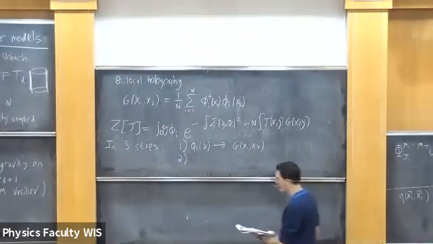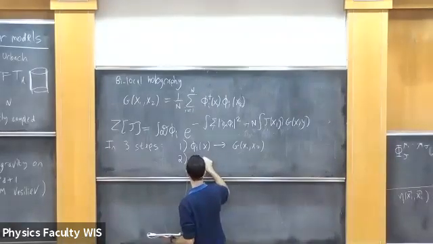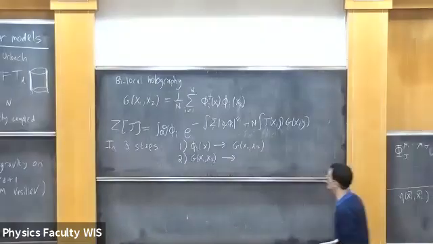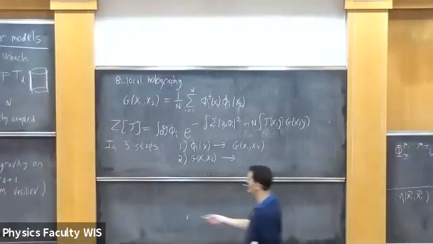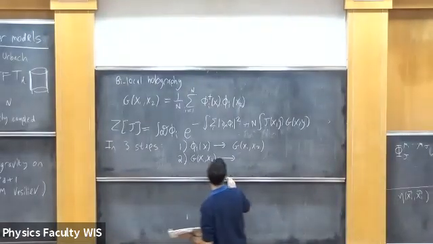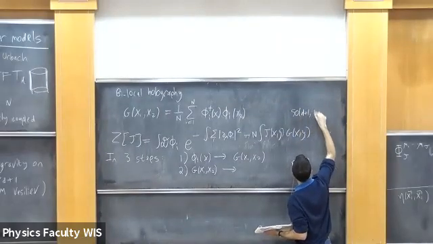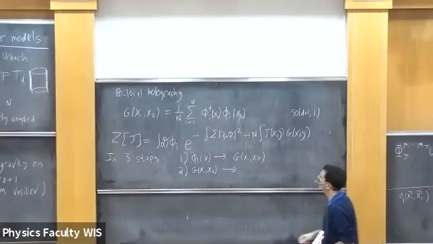As the second step, we'll take these bilocal fields and expand them in irreducible representations of the conformal group. Of course, the free field theory in particular is invariant under the Euclidean conformal group SO(d+1, 1).